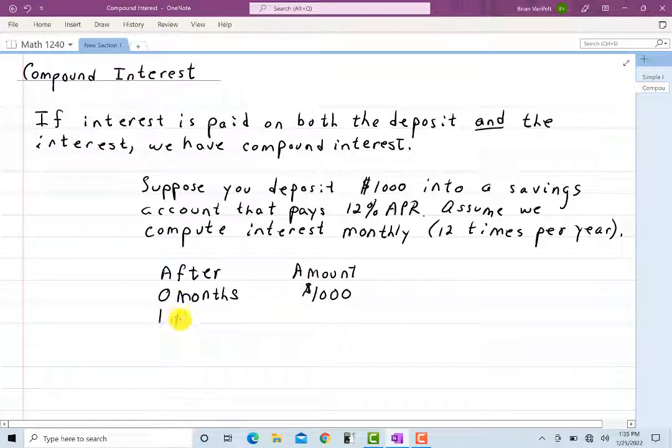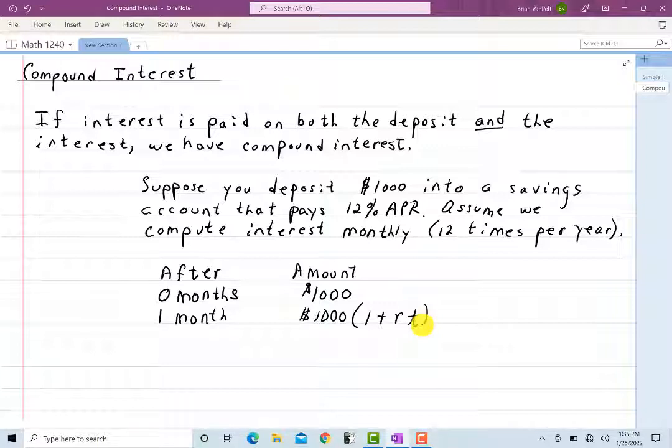Now 1 month, here's how the interest works for this. We're going to take our $1,000 and we're going to multiply it by 1 plus RT, just like we do for simple interest. Now though, T is just 1 month, so I have to specify it in terms of a year.